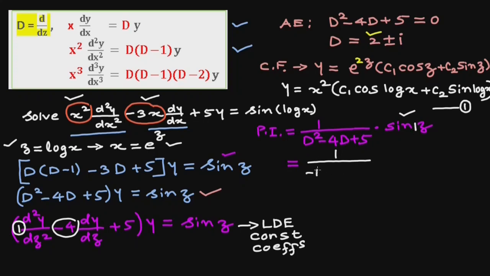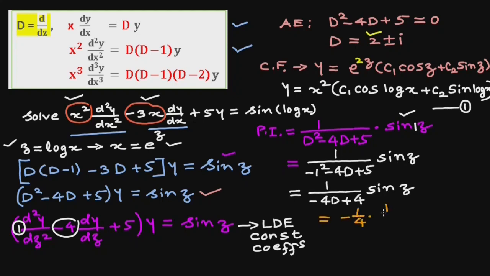So this will be 1 upon (minus 1 minus 4D plus 5) sin z, which is 1 upon (minus 4D plus 4) sin z, which is minus 1 upon 4 into 1 upon (D minus 1) sin z. Whenever there is sine, we must have D square in the denominator. So we bring D square by multiplying numerator and denominator by (D plus 1), which gives D square minus 1 in the denominator, sin z.